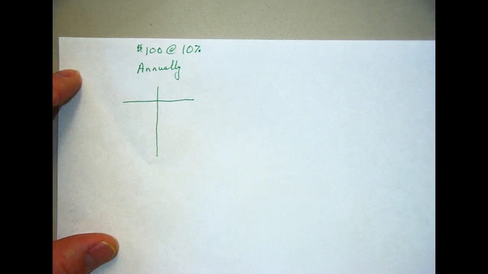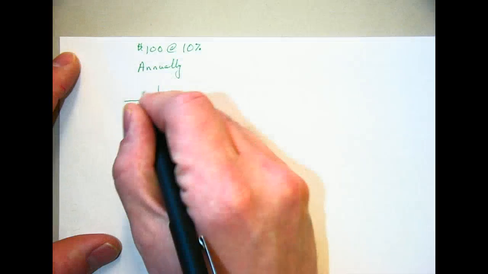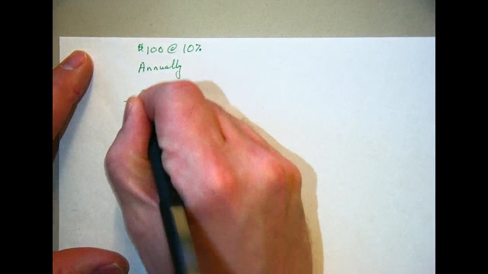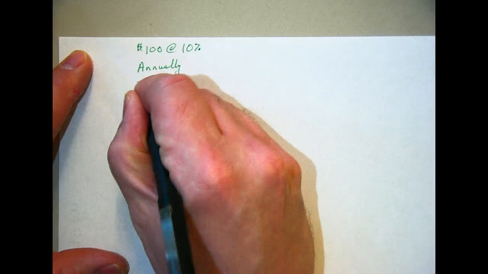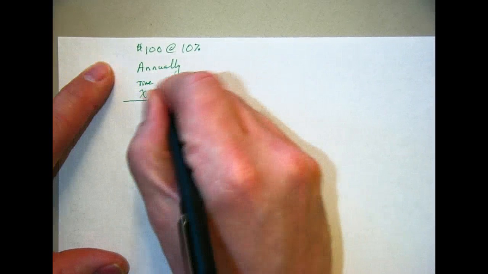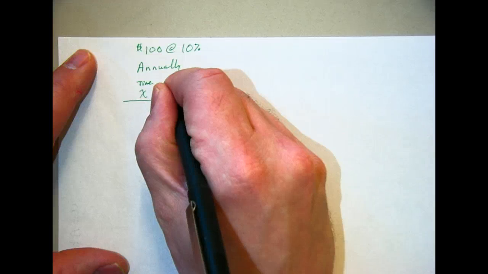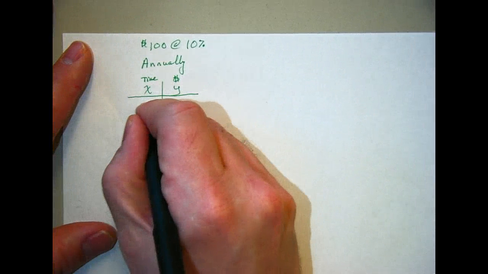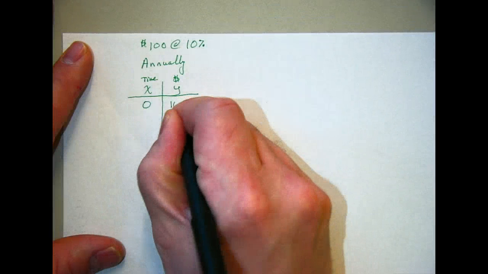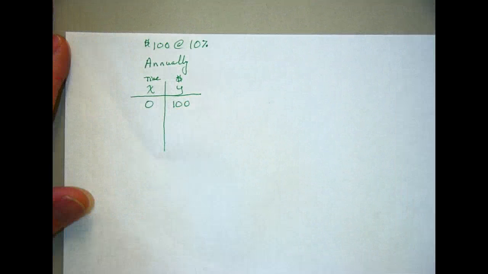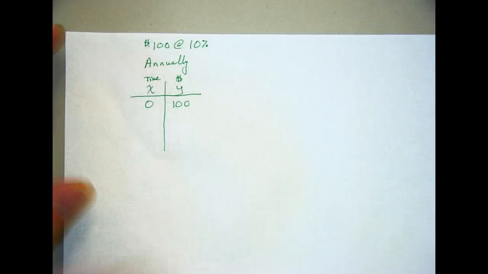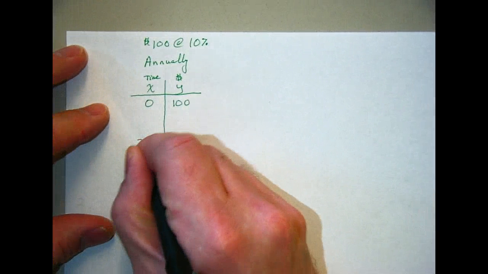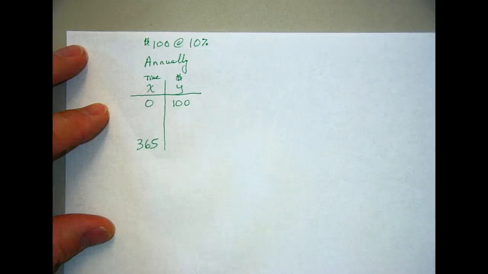So the cash I have, if we call this x and y, think of x as time, and think of y as amount or cash. The $100 that I have on day 0, before I walk in, will change after a whole year, after 365 days.